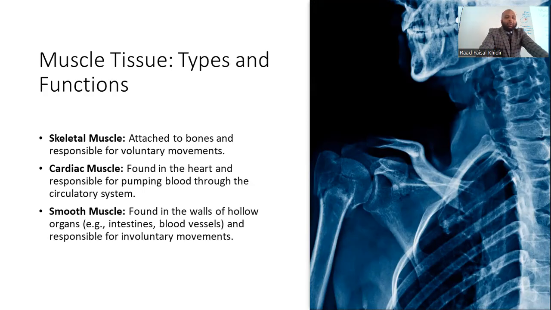Cardiac muscle is found in the heart, and it is responsible for pumping blood through the circulatory system. Smooth muscle is found in the walls of the hollow organs, the intestines, and the blood vessels, and is responsible for involuntary movement.